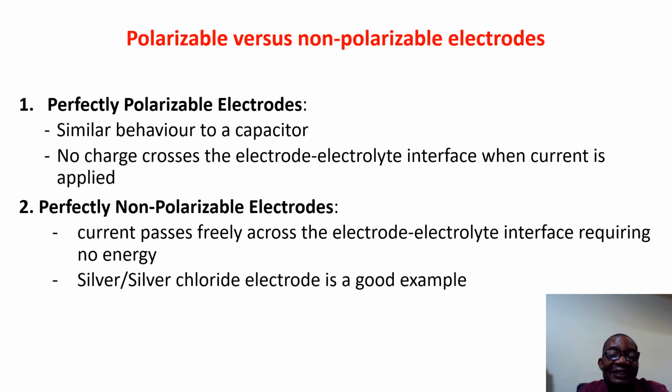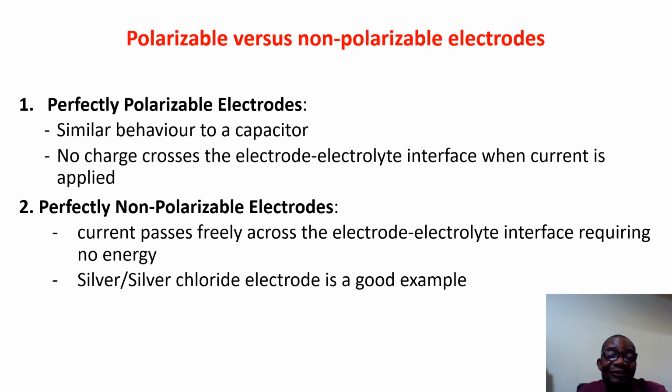So we say that an electrode is perfectly polarizable because it cannot allow charges to pass through that interface, because it behaves like a capacitor.